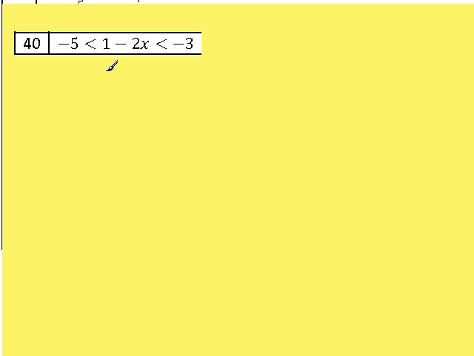Okay, here we have, again, a double inequality. We want to isolate x in the middle, so let's start by subtracting 1. So we're left with -2x in the middle. Here we have -4 on the right, and we have -6 on the left.